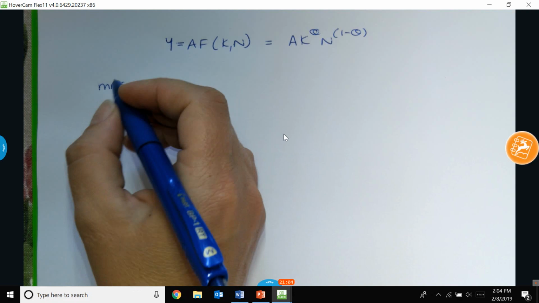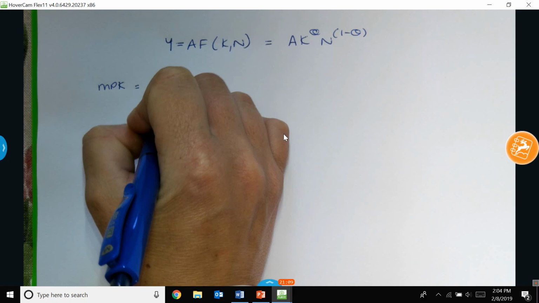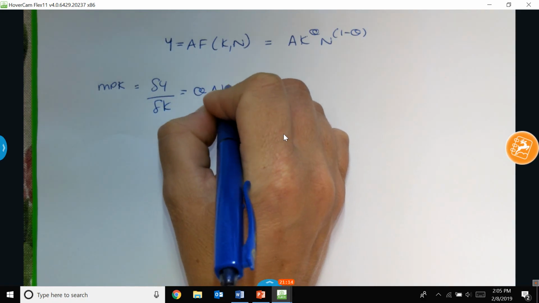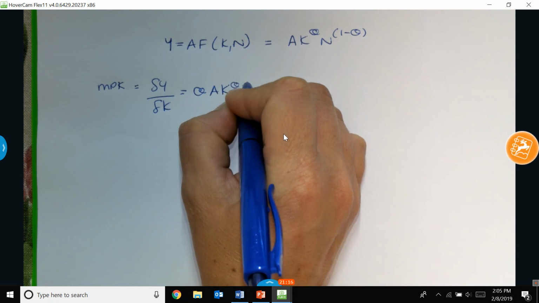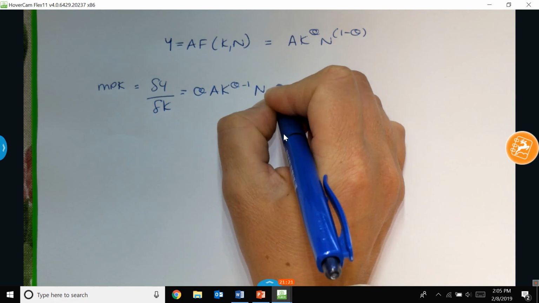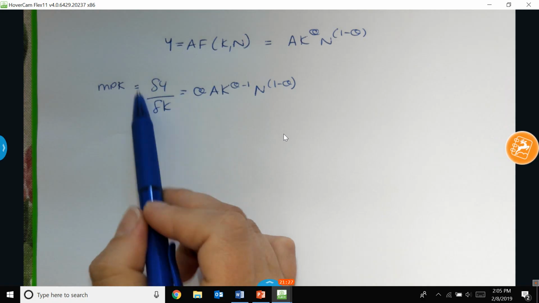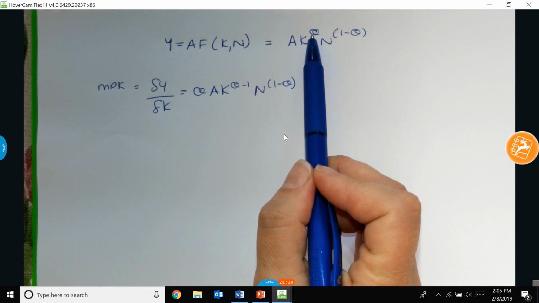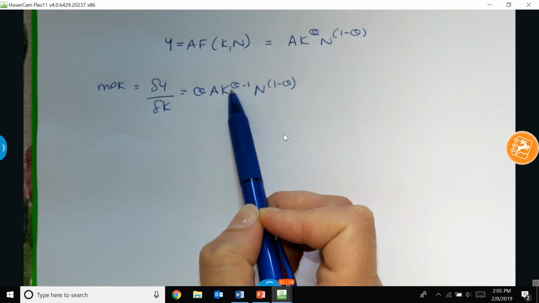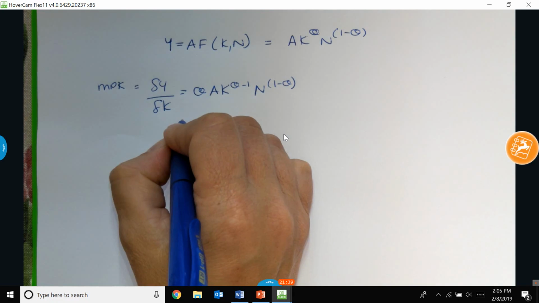So the marginal product of capital would be equal to dY over dK, which is then equal to theta A K^(theta minus 1) N^(1 minus theta). Remember, when you take the partial derivative, the exponent comes to the front and then you subtract 1 from the exponent.